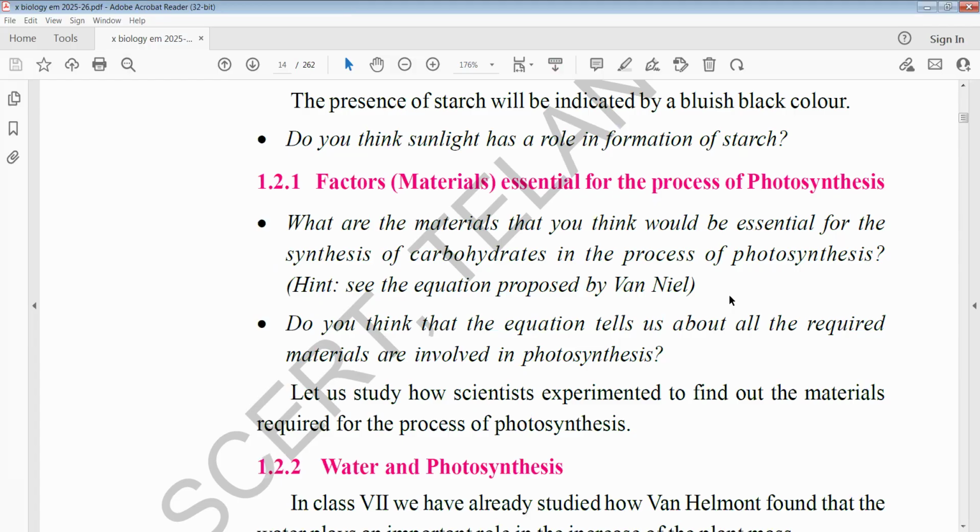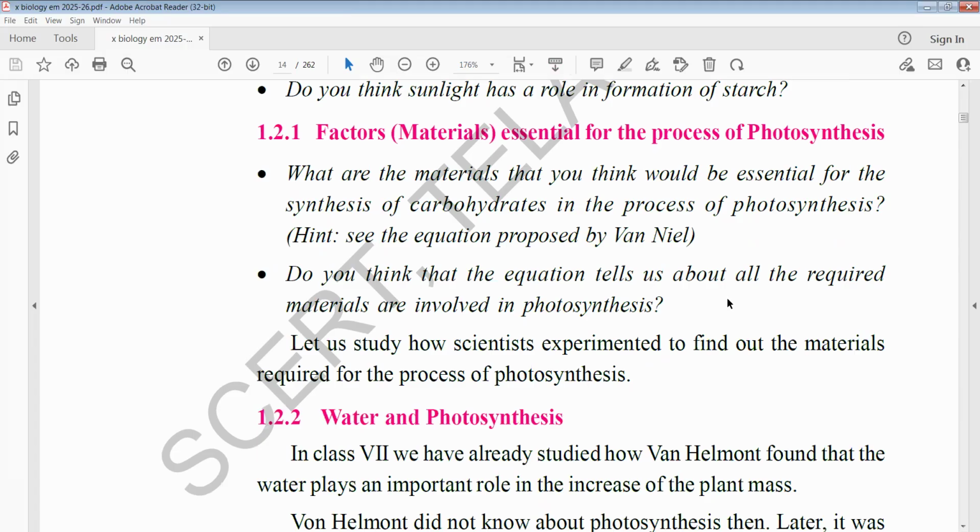So the rate of photosynthesis is determined by the number of leaves and size of the leaf, and also the presence of water and carbon dioxide is most important to carry out photosynthesis.